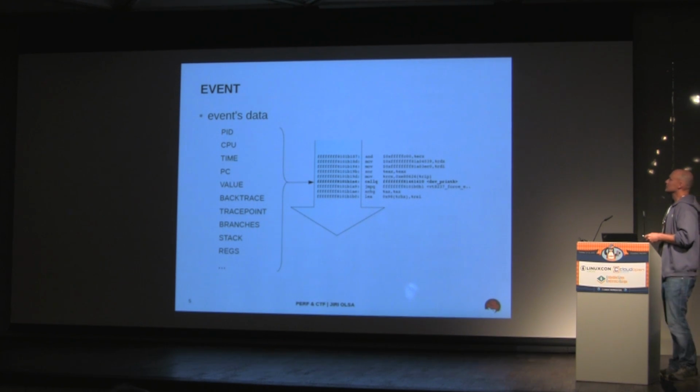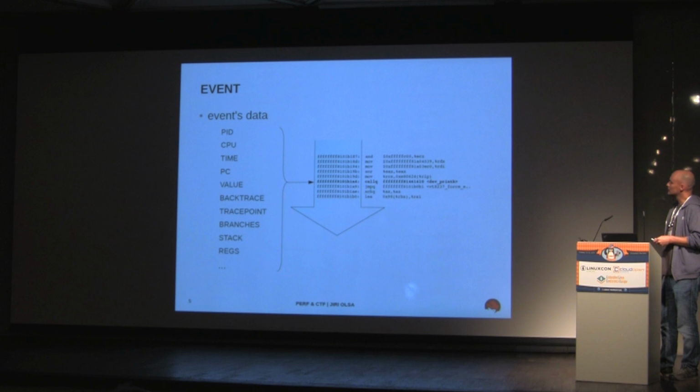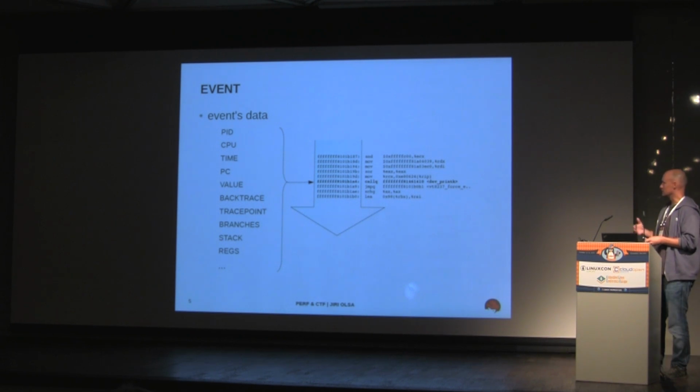What is the event data that can describe the state of the system? This is just a subset of what we are able to store now in Perf when the event happens. So from the obvious PID, CPU, and time of the event, we can also store the data for the backtraces, for the branches.